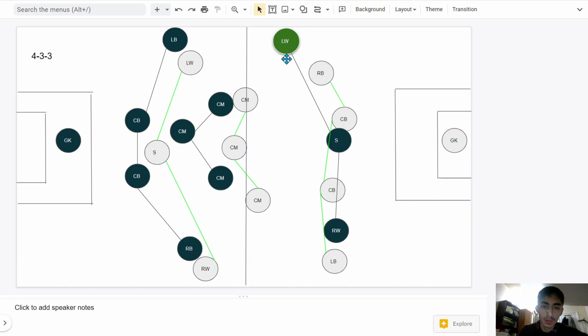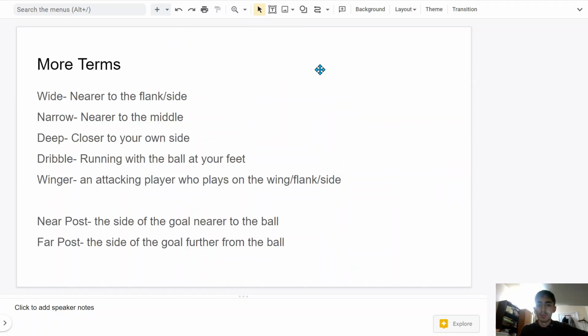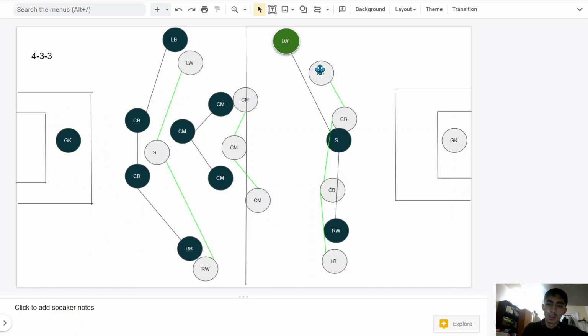And for those of you who are wondering why I've put small letters into the circles, they stand for something. GK stands for goalkeeper, for example. Anywhere there's R or L, that stands for right or left. Anywhere there's a C, that stands for center or central. I'll actually write that here.